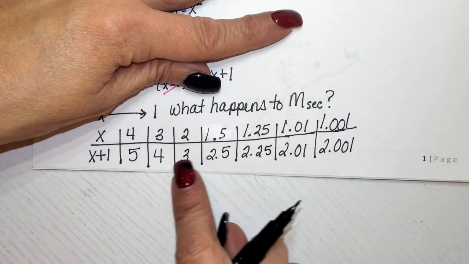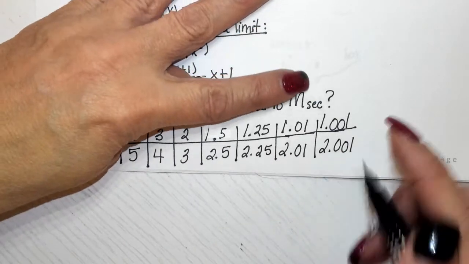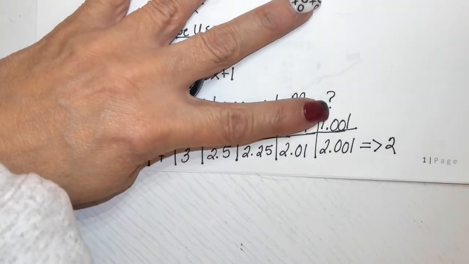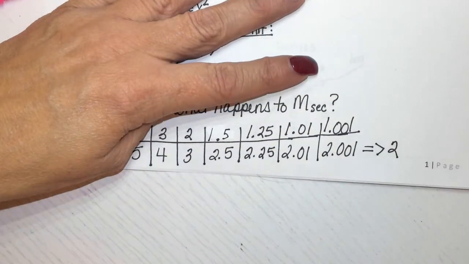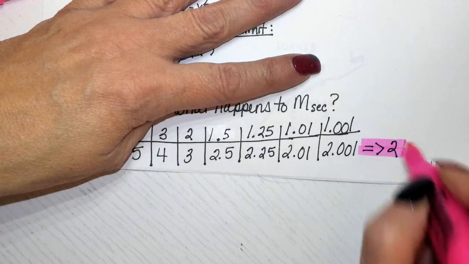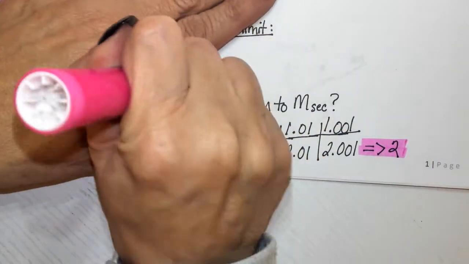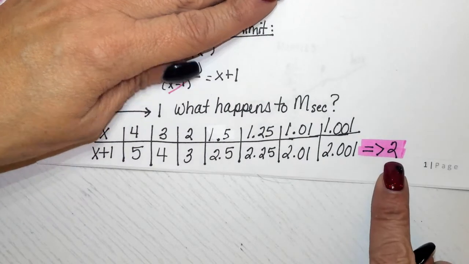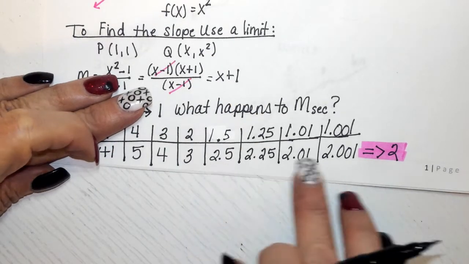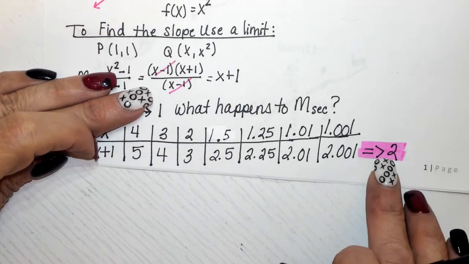Okay, can you see what we're getting closer to? What are all these numbers getting closer and closer and closer to? Yeah, this right here is getting really close to 2. I was looking for my highlighter. So this is getting really close to 2. In fact, it actually looks like it's becoming 2, doesn't it? So that means that the slope of the secant line is getting close to 2.